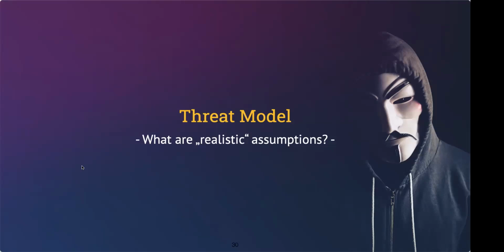But if there's lots of money involved, so if somebody could get the data or the keys of my applications and make lots of money, maybe I should have a stricter or more explicit threat model, because adversaries might go the extra mile to get to my data.